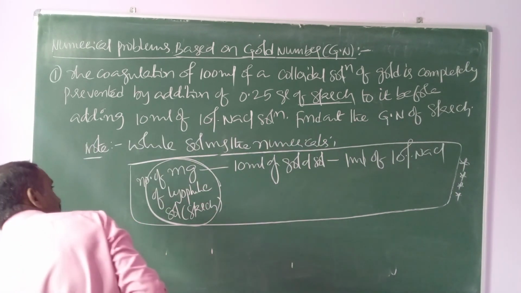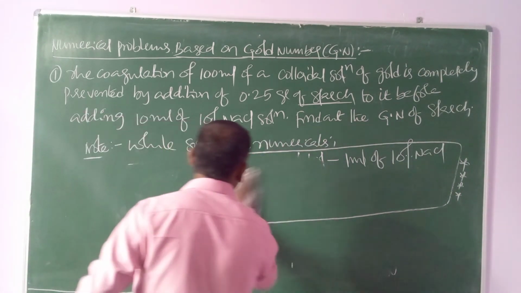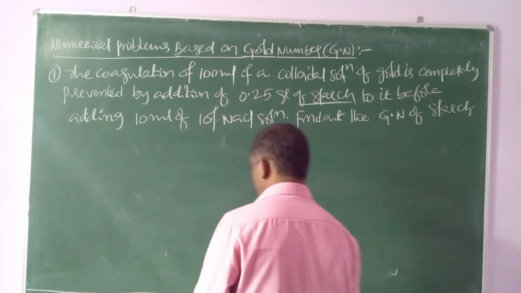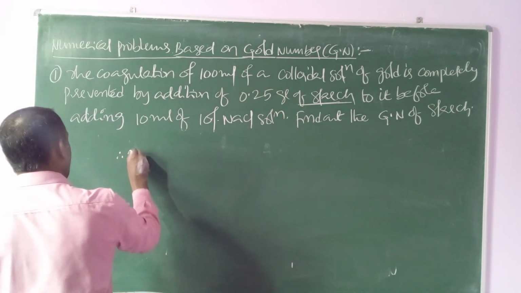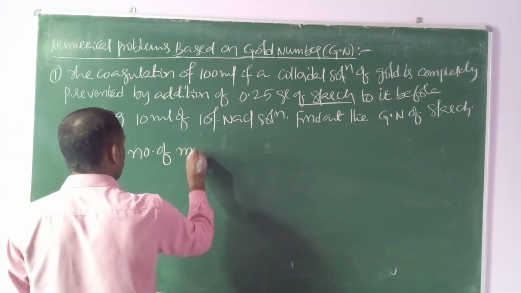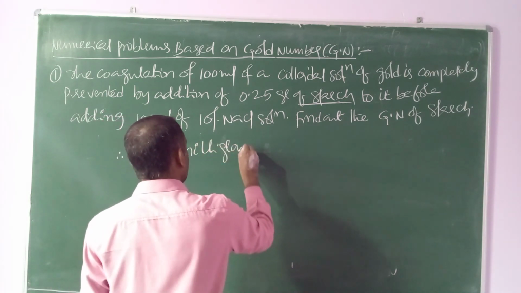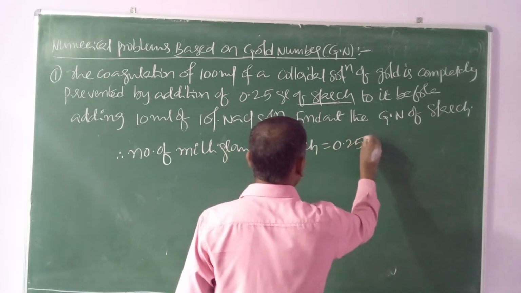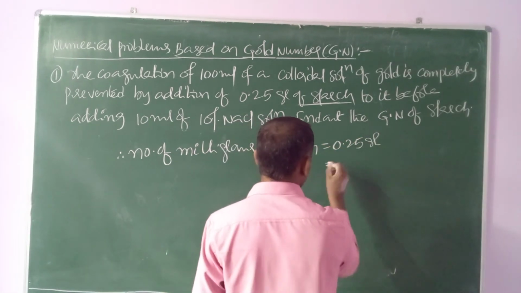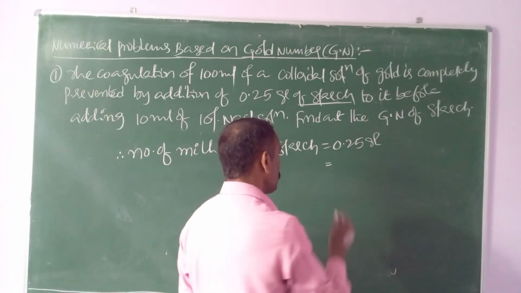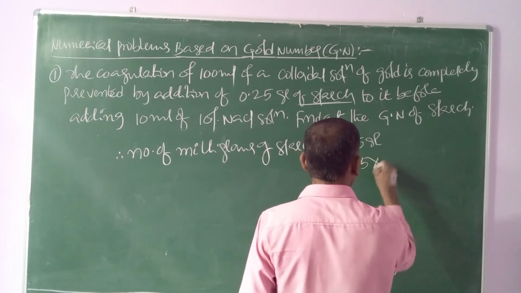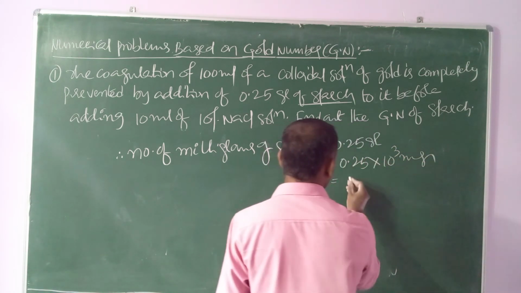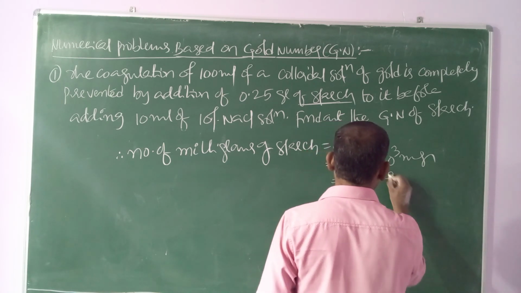Therefore, here the given data is in terms of grams. Hence, we should convert it into milligrams. Number of milligrams of starch equals 0.25 grams, converting into milligrams. 1 gram equals how many milligrams? 1000 milligrams. 0.25 into 1000 milligrams equals 250 milligrams.